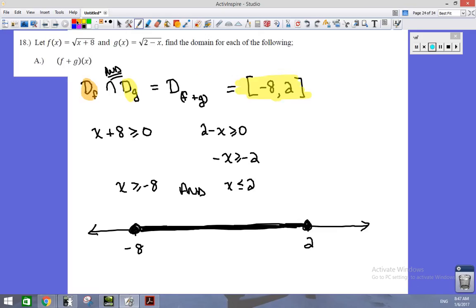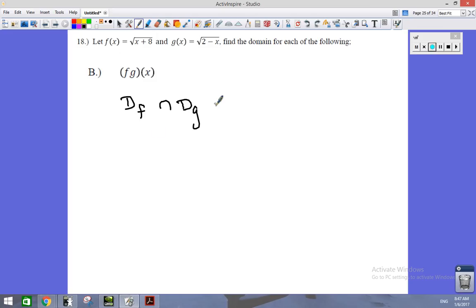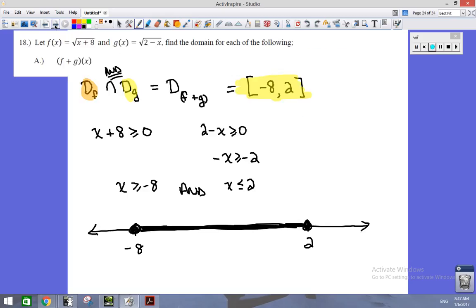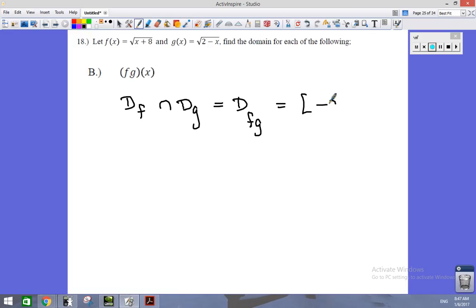So like I say, the domain of this new function, f times g, is the same as our answer in part A, negative 8 to positive 2.